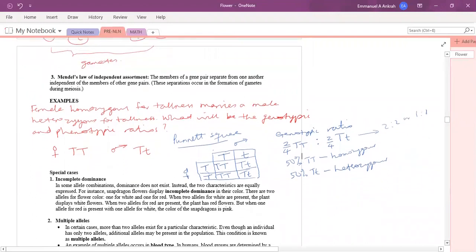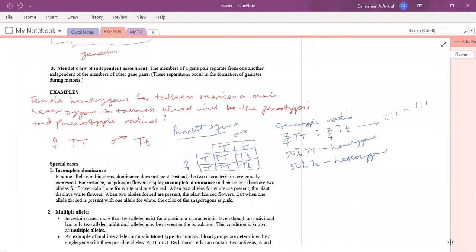So the other question will be, what is the phenotypic ratio, phenotype? What is a phenotype?